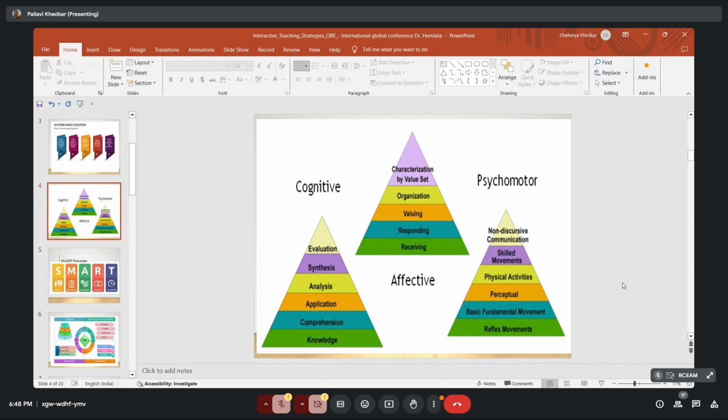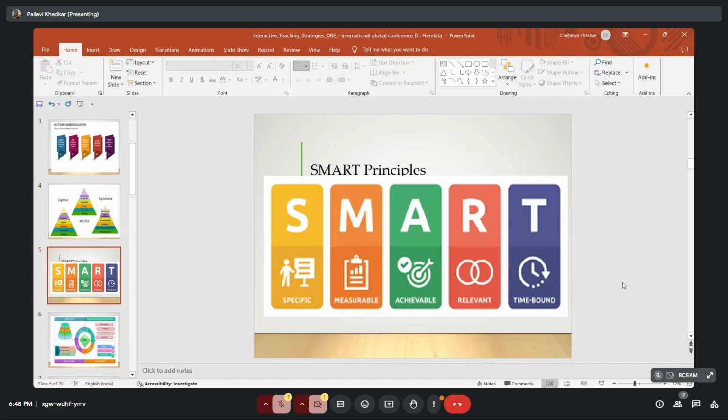So, outcome-based education is not only about teaching and learning; it is much more than that. Therefore, a teacher has to take care of some principles which are SMART. SMART means he has to be very specific. The outcomes have to be measurable. They have to be achievable. They have to be relevant, and they have to be time bound.